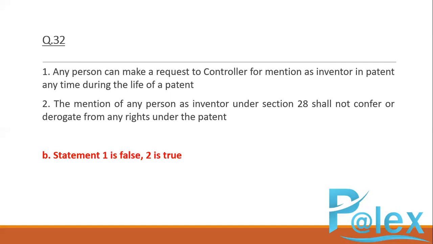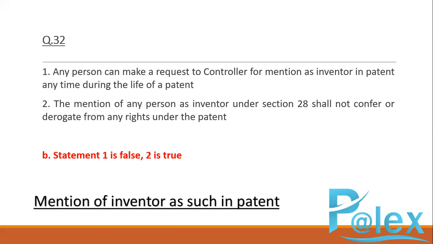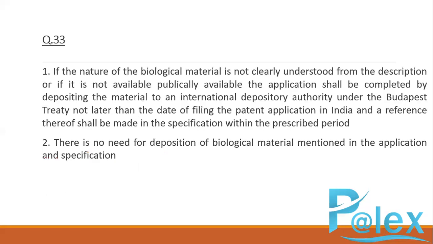Any person cannot make a request to the controller for mention. There are specific persons only, who are involved in that invention, who can go for mention as inventor in the patent during the life of a patent. This is as per the mention of inventor in a patent, that is section 28.